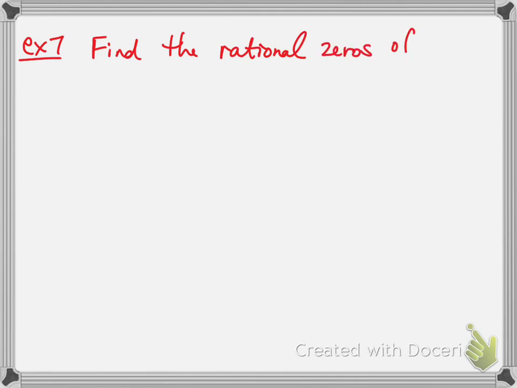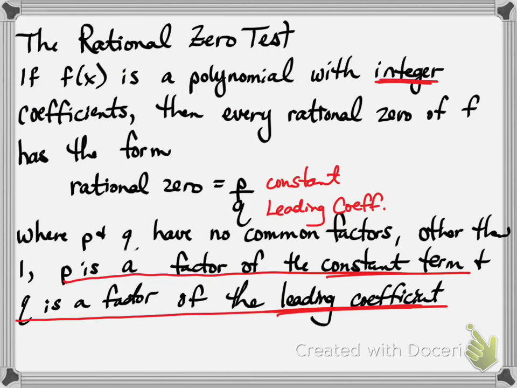So example 7. Find the rational zeros of f of x equals x to the 3rd plus x plus 1. Let me go back for a second. This is only going to help us to find the rational zeros.